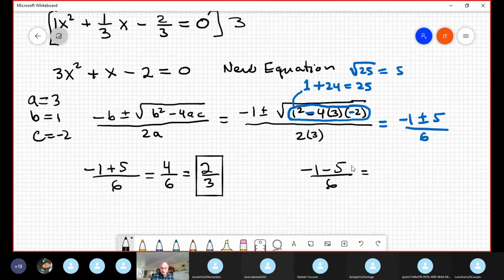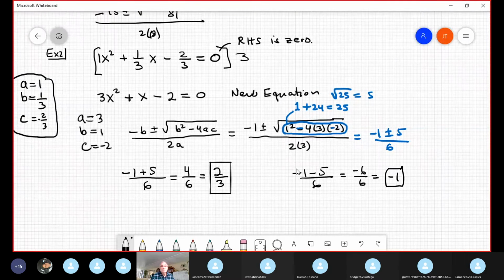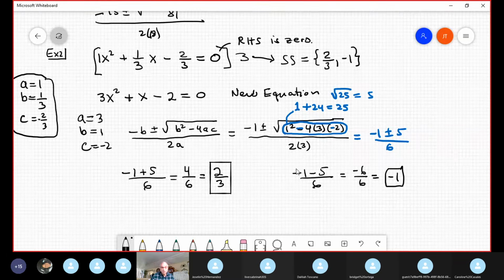And the second is minus 1 minus 5, minus 6, divided by 6 is minus 1. Fantastic. The solution set for this equation, the original equation, of course, is 2/3 and minus 1. End of the story. So it's extremely important.